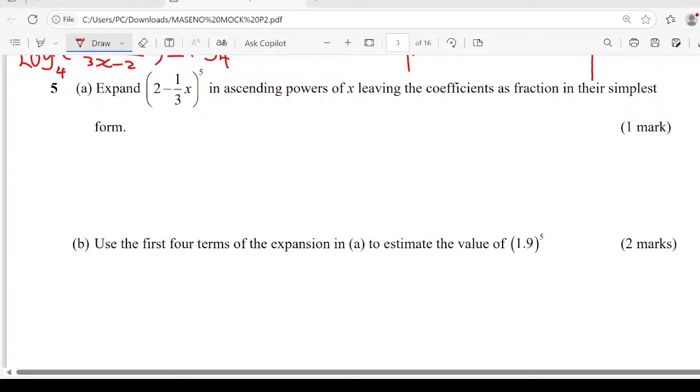Okay, let me search this again. Just a moment.